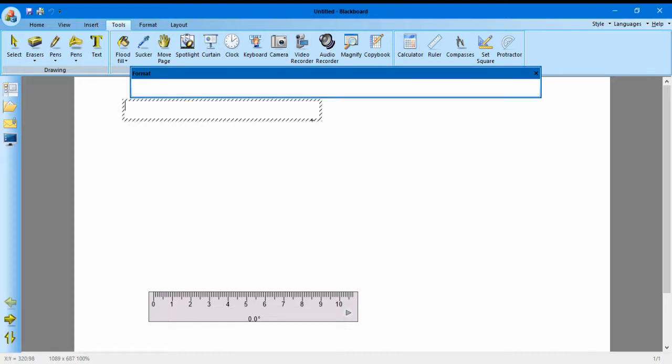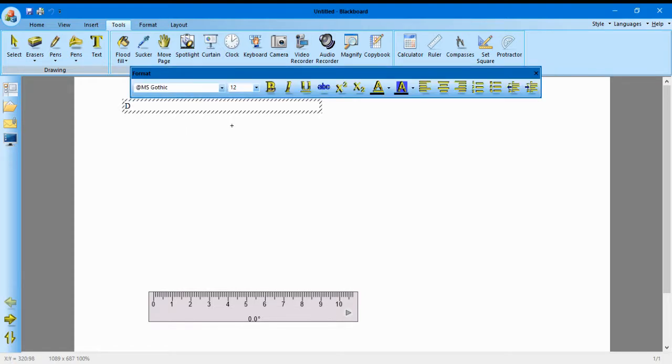We're going to be drawing a regular hexagon with side length equal to 40 millimeters.